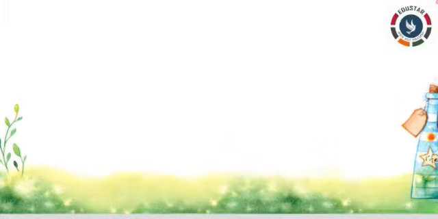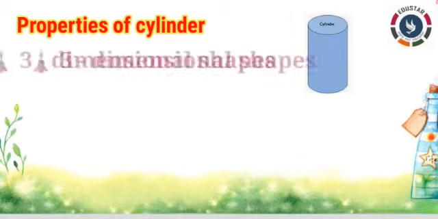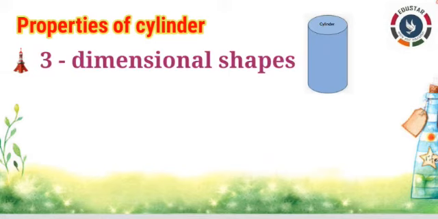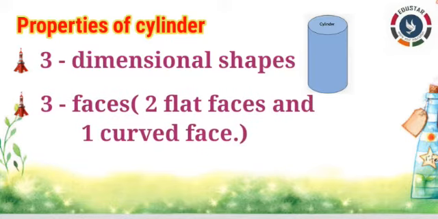Then, properties of cylinder. A cylinder is a three-dimensional shape with 2 round shapes at either end and 2 parallel lines connecting the round ends. A cylinder has 3 faces.